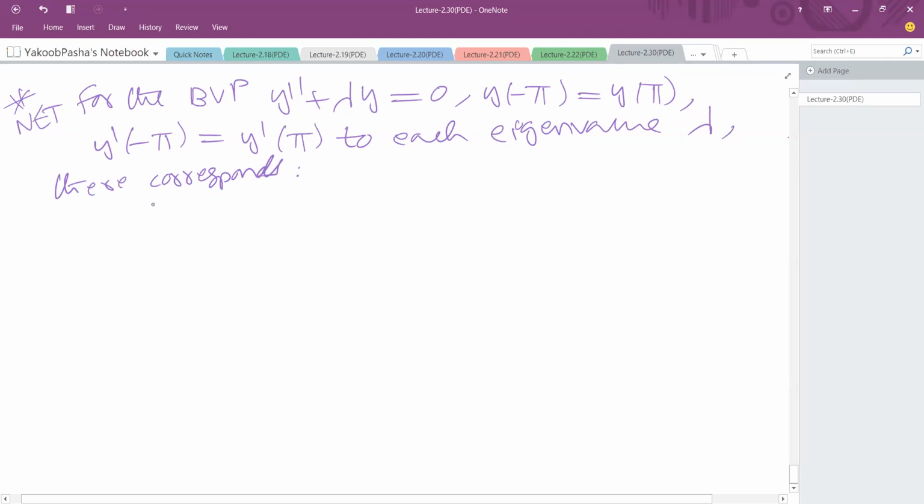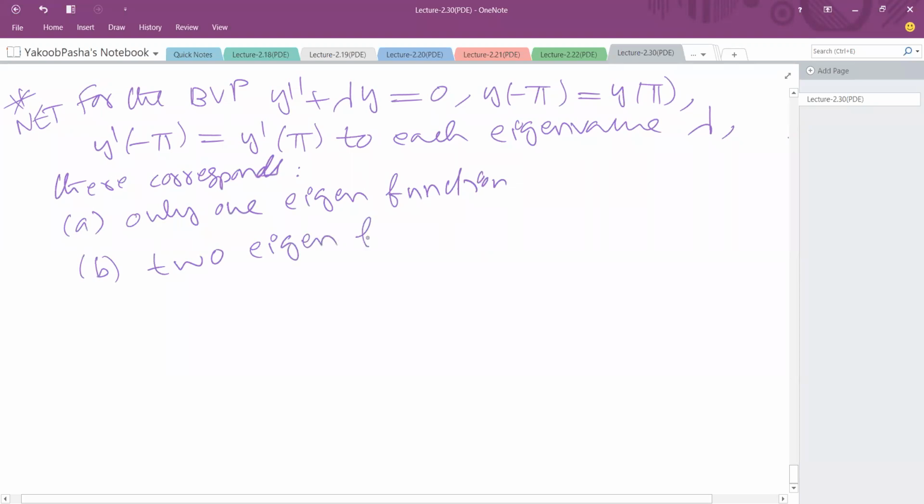we have options, writing one by one. Option A, only one eigenfunction. Option B, two eigenfunctions. Option C, two linearly independent eigenfunctions.